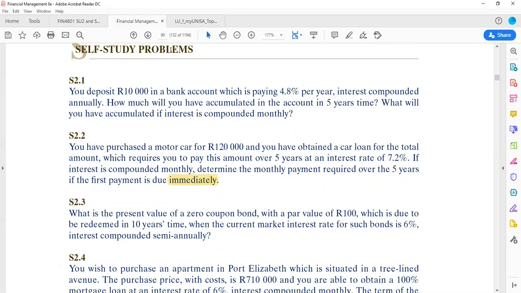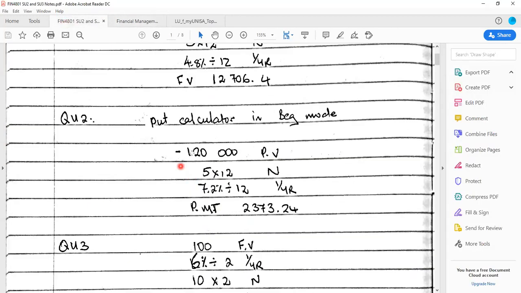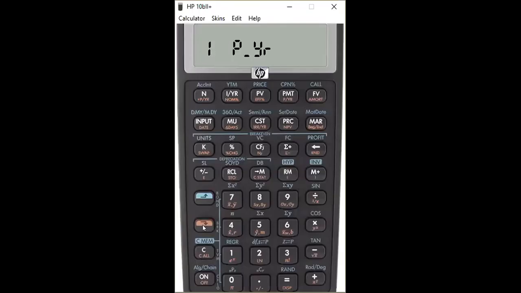So again, you were supposed to put your calculator into beginning mode because you were told that the payment is due immediately, and then you were just supposed to enter in those values. So remember, to put your calculator into beginning mode, you would press the red shift button, and then you would come to beginning, BEG, and then you would enter in your cash flows.